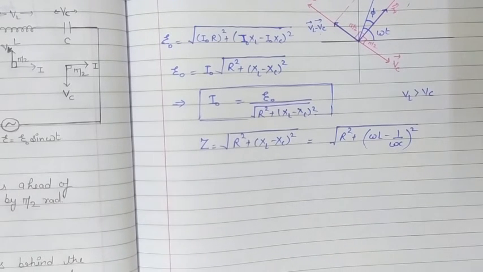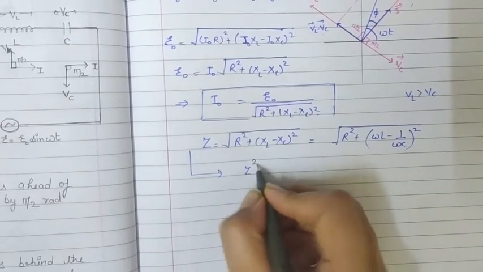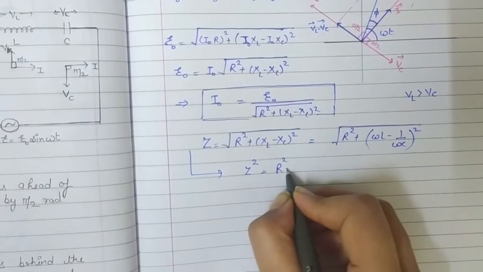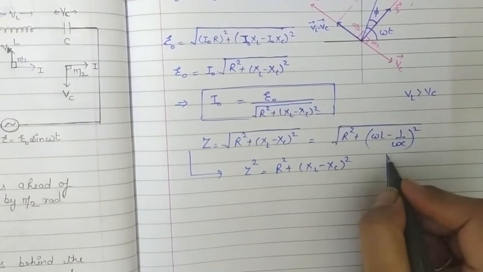Now we can also show this relation by a triangle, since it acts like the Pythagoras theorem. If we write it as Z square is equal to R square plus XL minus XC whole square, we can form a right angle triangle for this.